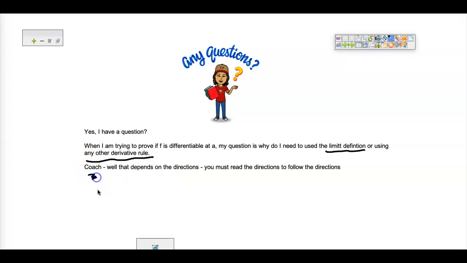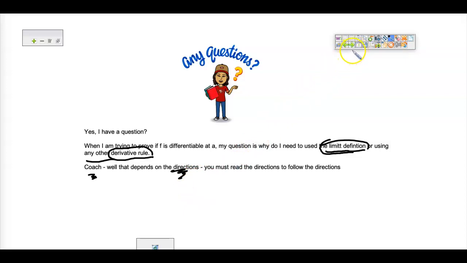And my response is, well, it depends on the directions. If the directions ask you to use the limit definition, then please do. If it doesn't, then you're able to use the derivative rules. We've already discussed 8 or 9 derivative rules. We're going to add 6 plus another 3, double the amount of rules. So that's why you have to listen to the directions.